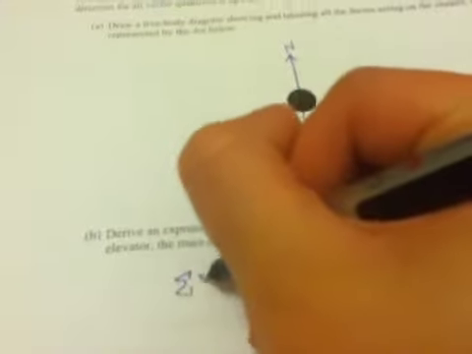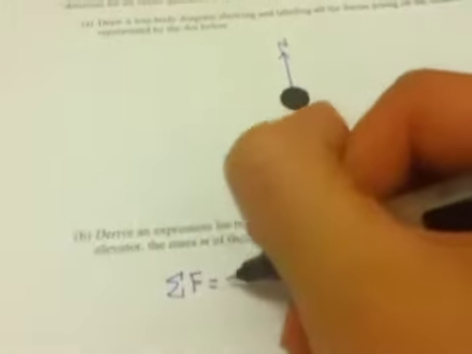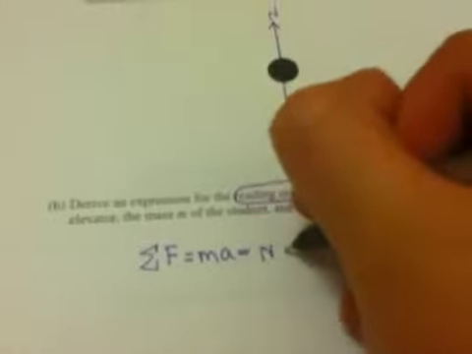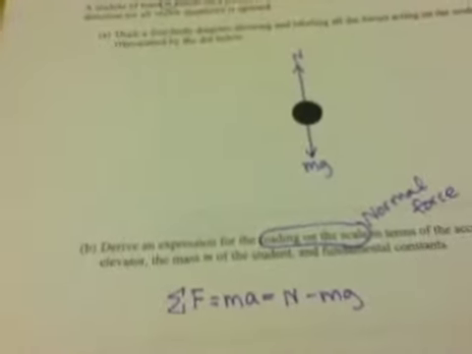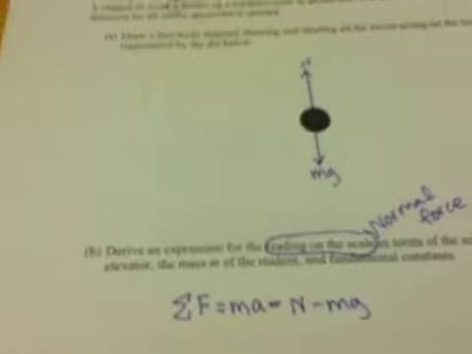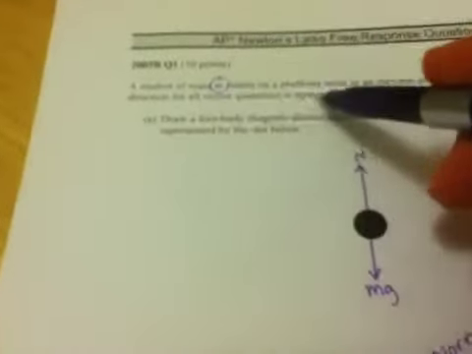So let's go ahead and do that. We have the sum of the forces equals your mass times the acceleration of the elevator, because it is accelerating you either upward or downward, and it's going to equal these two forces. So we've got our normal minus our mg, because we said normal is going to be positive since it says up here that upward is positive.